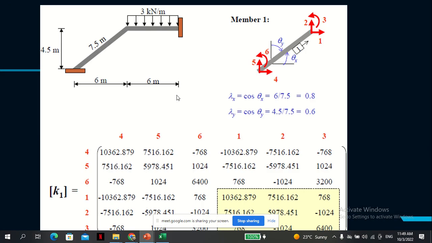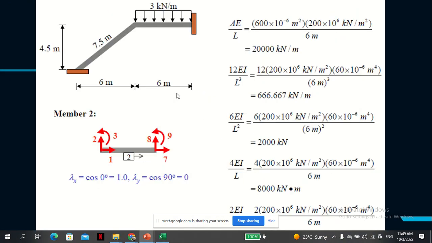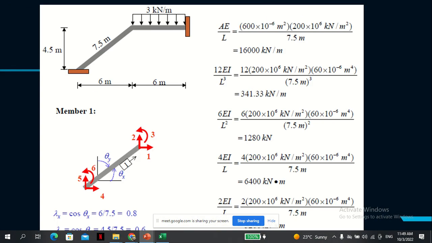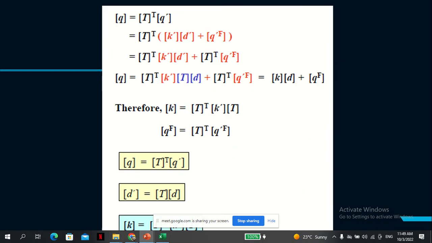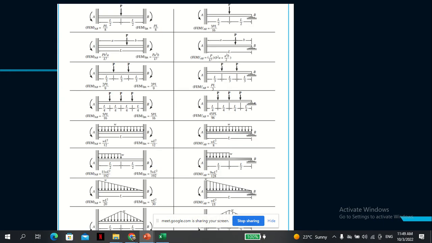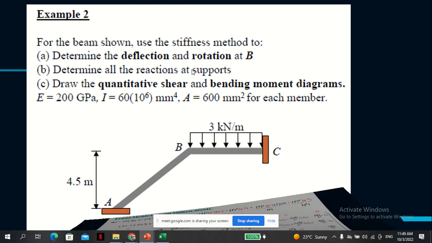So first of all, let's confirm. This is when we have fixed end moment. This is PL over 8. So that's the first thing you need to confirm.